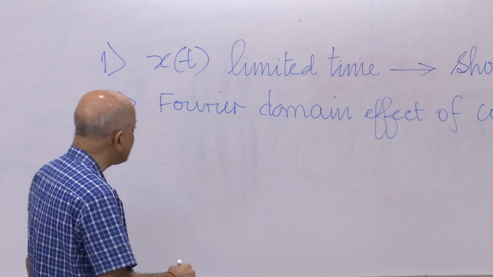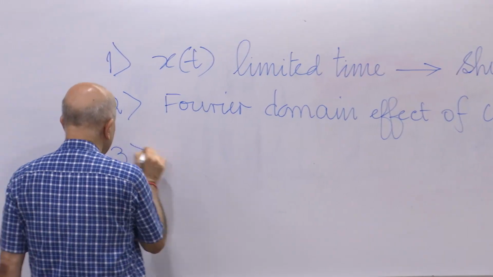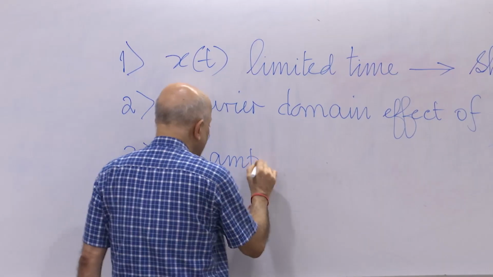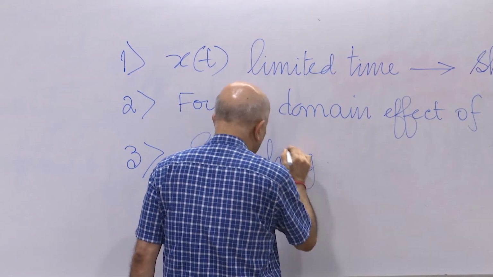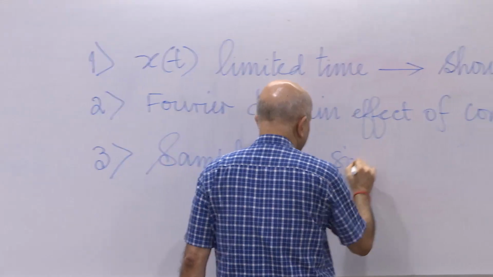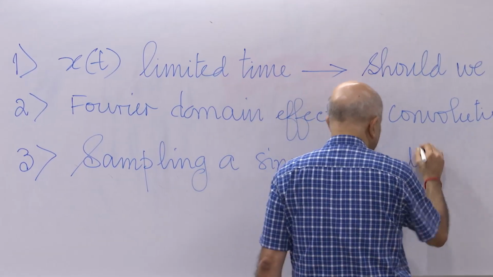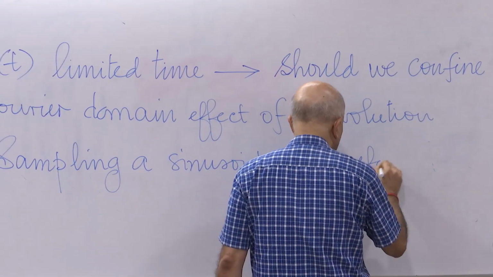And the third thing that we want to understand is sampling. Sampling a sinusoid, and therefore sampling the signal.